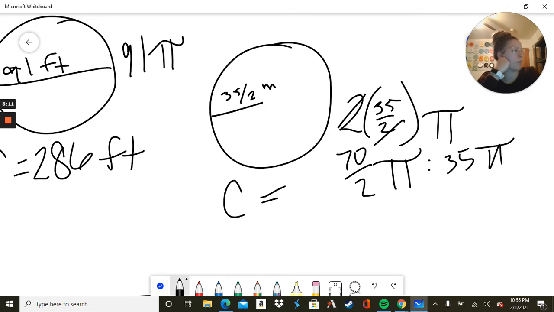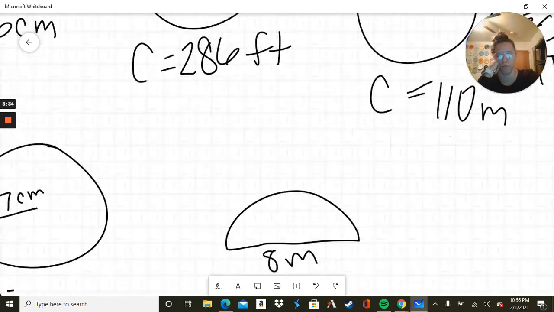So 35 times pi, roughly 110 meters. I will allow you to use 3.14 on your assignment if you cannot find a pi button on your calculator. I'll show you how to get there in just a couple minutes though.